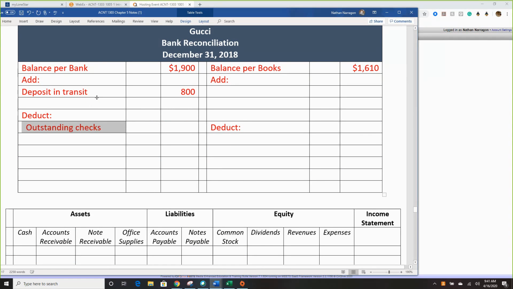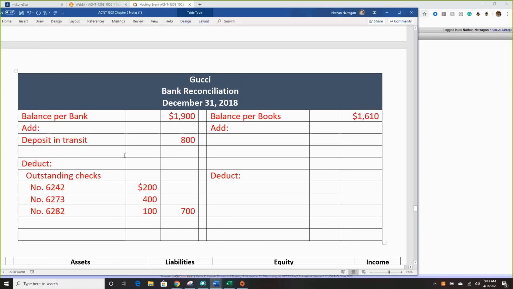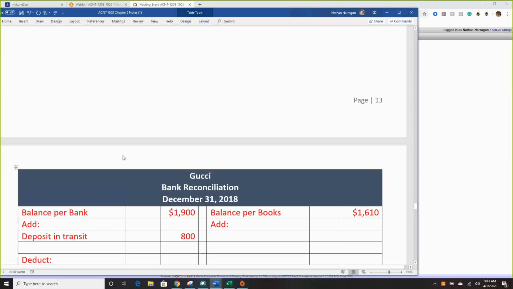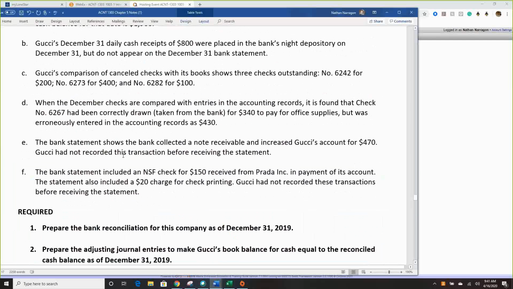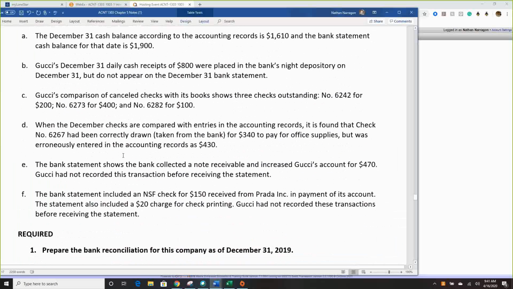So these two will always show up: deposits in transit and outstanding checks. And of course, you'll always list out all your checks. Next, we'll go to E.